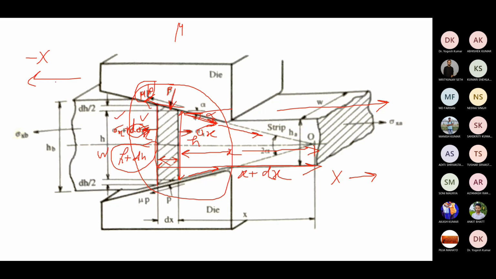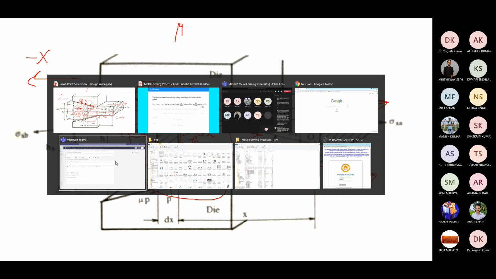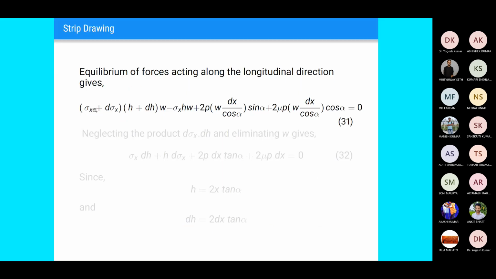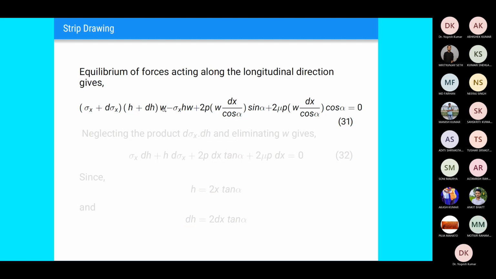So how can we calculate the force? Force will be sigma x plus d sigma x into area. The area we have calculated, and this is how this term has come: sigma x plus d sigma x into h plus dh into w, the stress into the corresponding area.